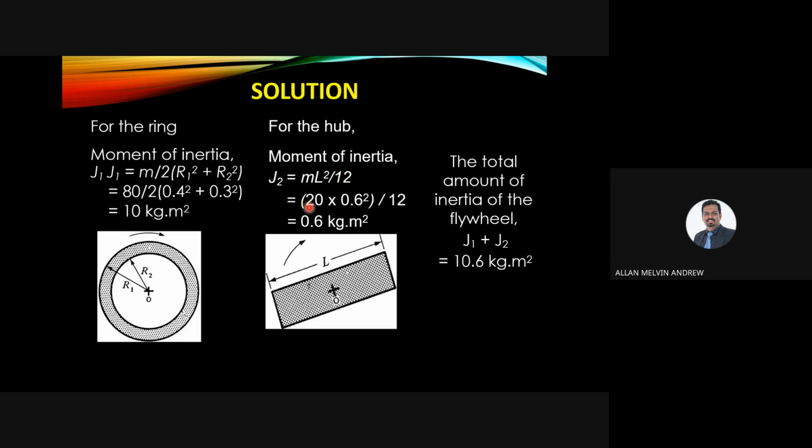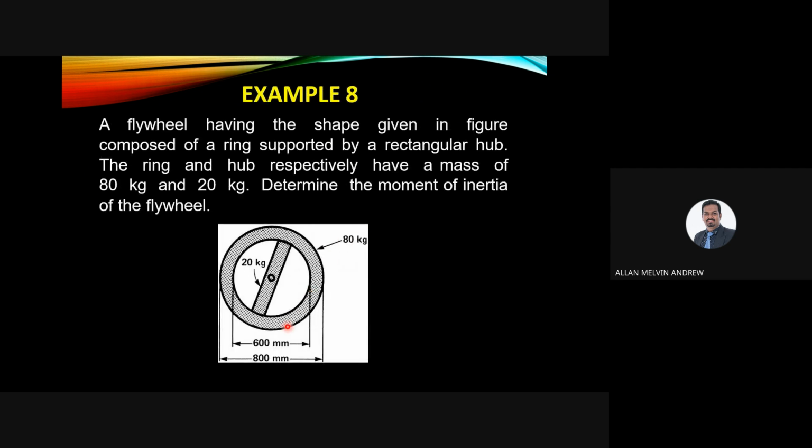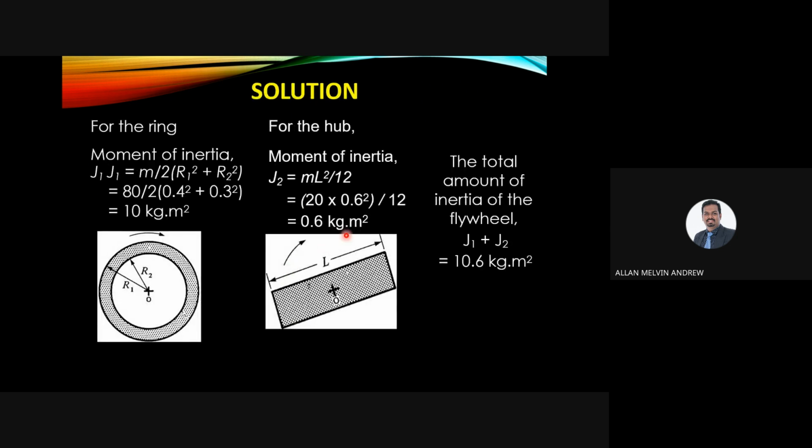So J2 equals ml square over 12. M is 20, given in the question. L is 0.6, and it is the same distance here. Squared over 12. You solve it and get 0.6 kilogram meter square.